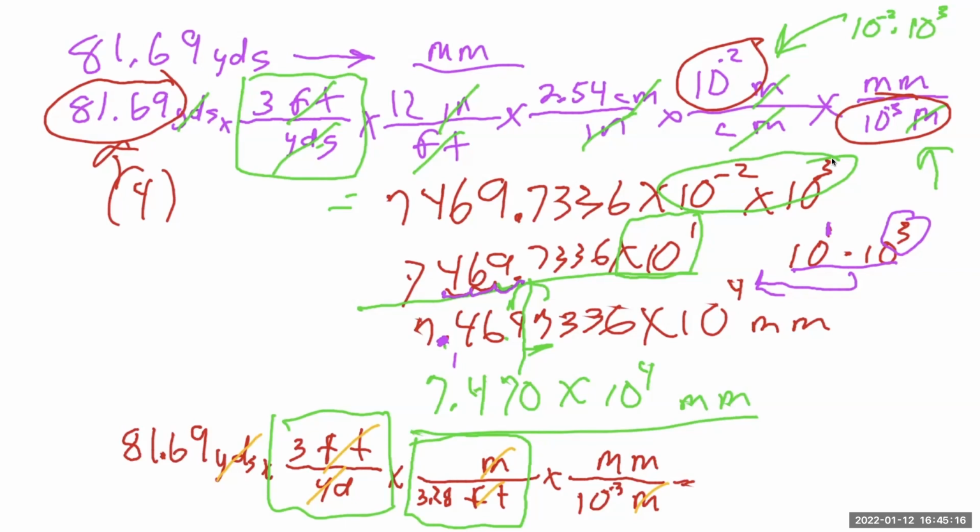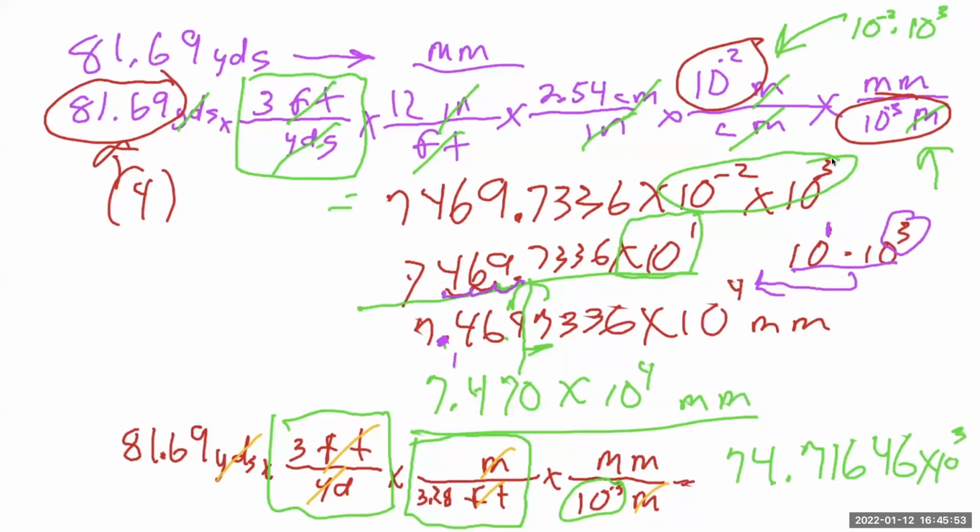So again, do the math on this one. It comes out to 81.69 times 3 divided by 3.28 equals 74.716, 46, etc. And this is times 10 to the 3rd, because there's minus 3, you move this minus 3 up, becomes 10 to the 3rd.